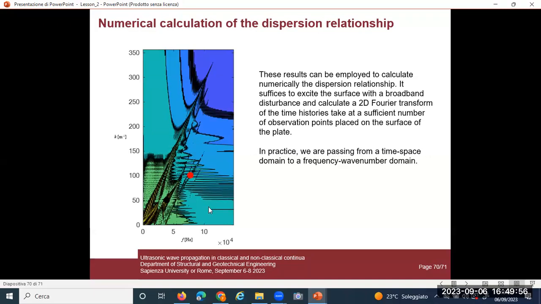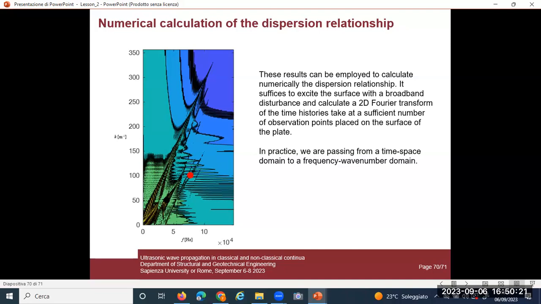How are these obtained? These are obtained from a numerical experiment where I picked up a layer, I excited with a broadband pulse, meaning that I explored all this range of frequency by a broadband pulse.